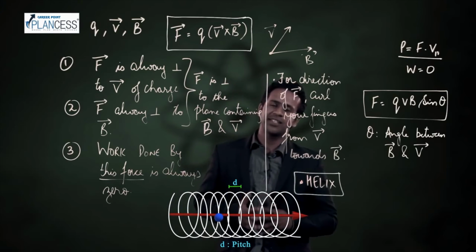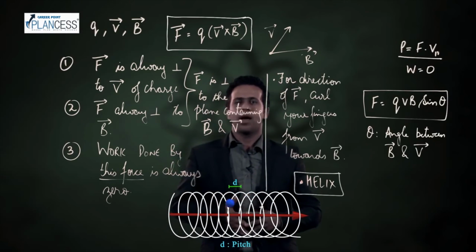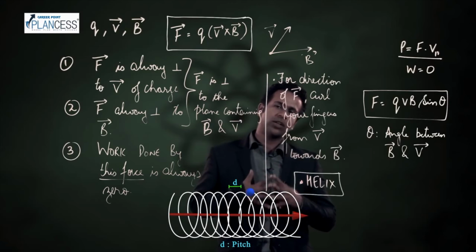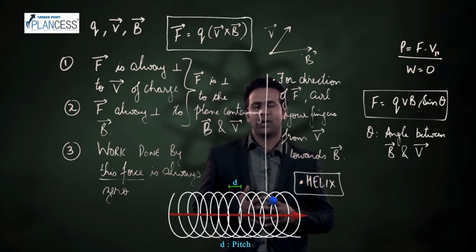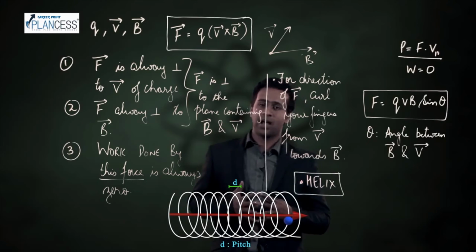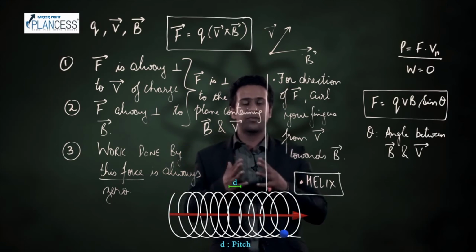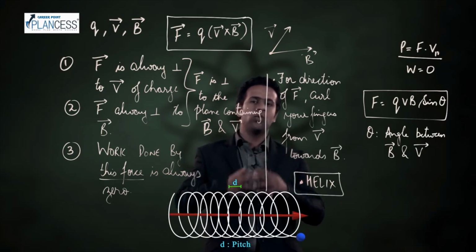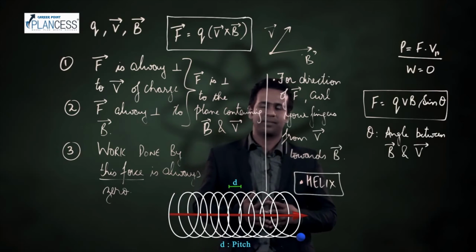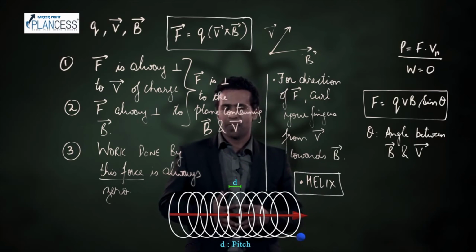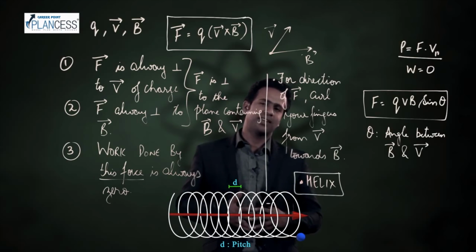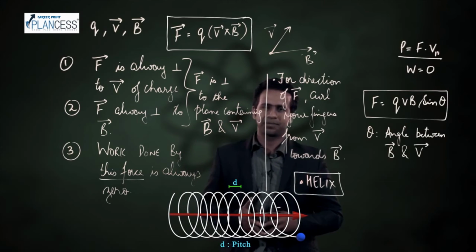To imagine a helix, think of a spring. A particle moving along the spring will basically trace out a helix. Now, if the helix has zero pitch, the pitch being the distance between 2 points as shown in this diagram, in that case, the path is simply a circle.